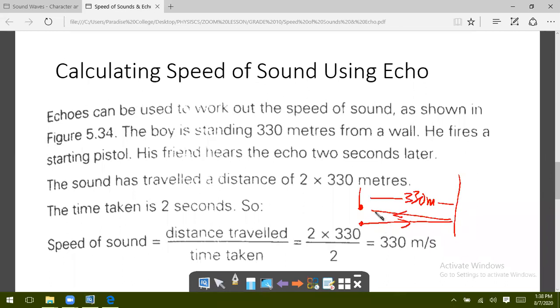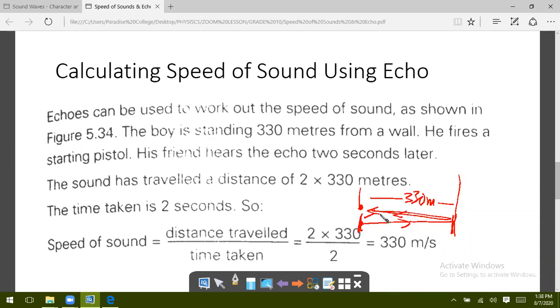It takes 2 seconds, which means that if the time taken for the echo to be heard is 2 seconds, the sound travels twice the distance. The distance from here to there is 330 meters, then from there back again another 330.